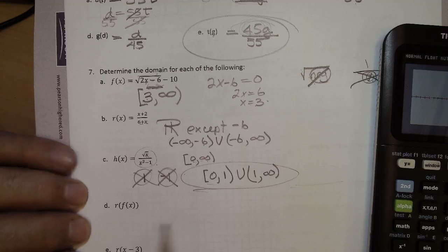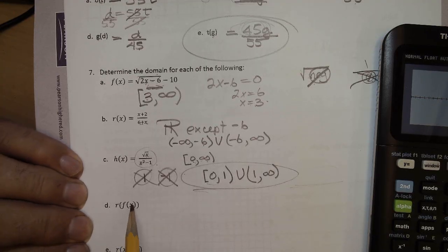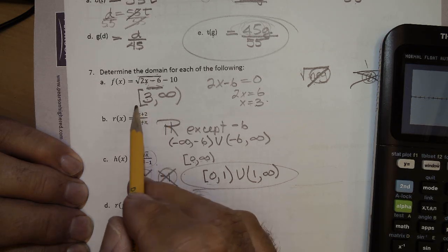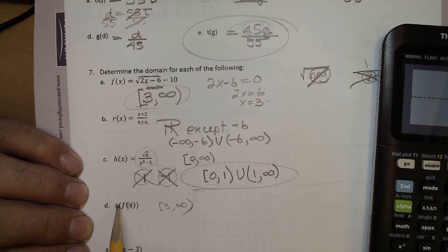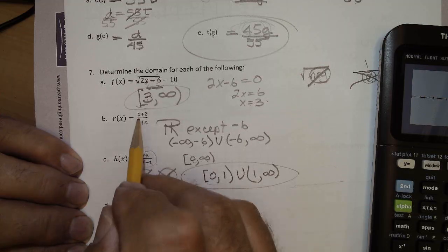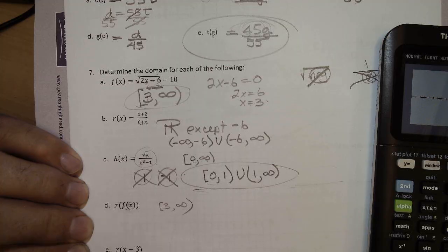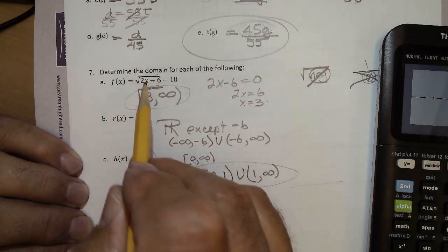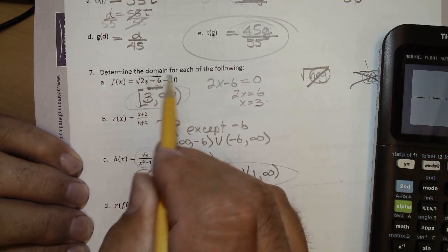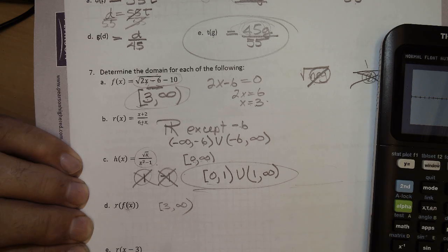Now this one, so whatever we use has to work in f. And we've already determined that has to be from 3 to infinity. Now some of those may not work if the numbers we get out of there have to go into r. And r can't use negative 6. So what could we put in for x that would cause this to be negative 6?